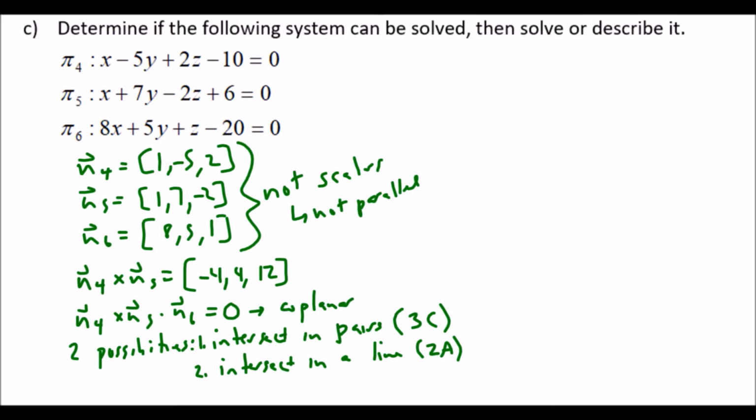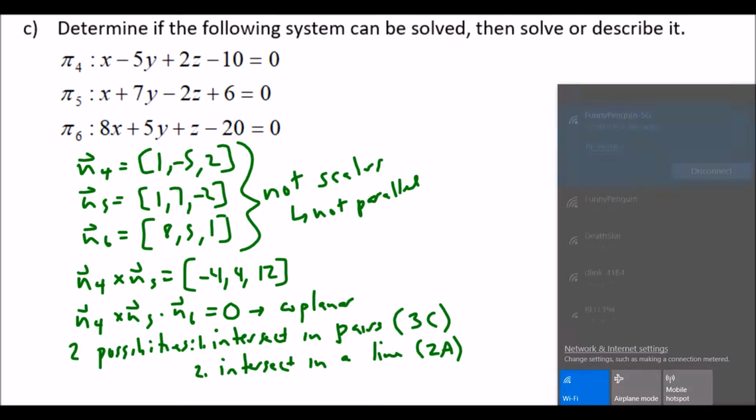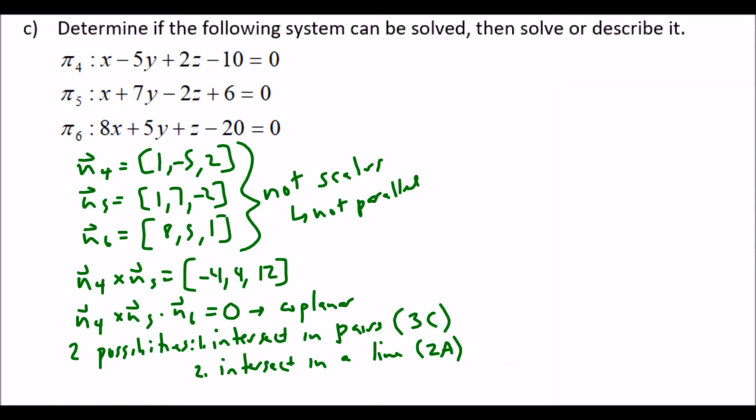So I'm going to take plane 1 and plane 2. So here we go. I'm going to have x minus 5y plus 2z is equal to 10.